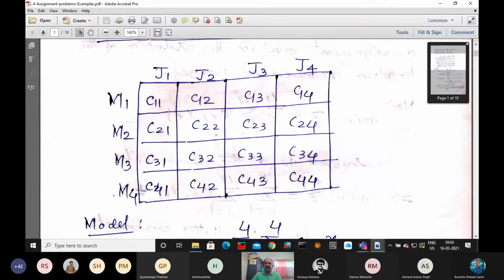So what is the story here? If you are subtracting or adding a constant k from all the elements, C11 minus k, C12 minus k, C13 minus k, C14 minus k, what is happening to the problem?